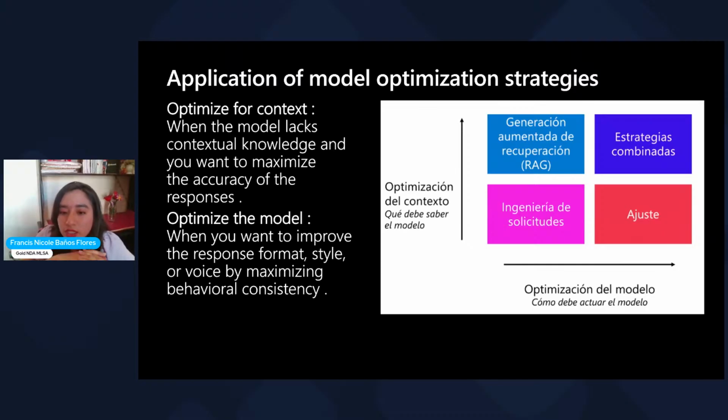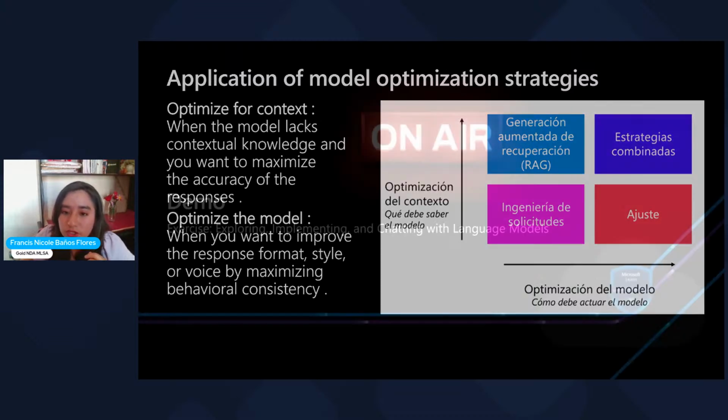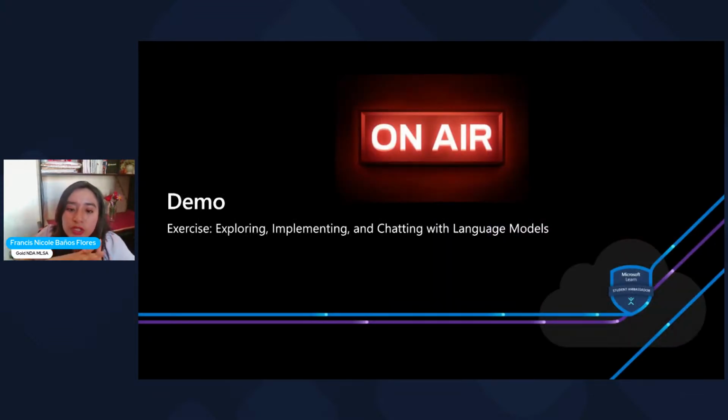We have what we want to know about the model, the settings, the combined strategies, and extra information. And now we are going to go through the demo, where we are going to see how we explore, implement, and chat with this language model.